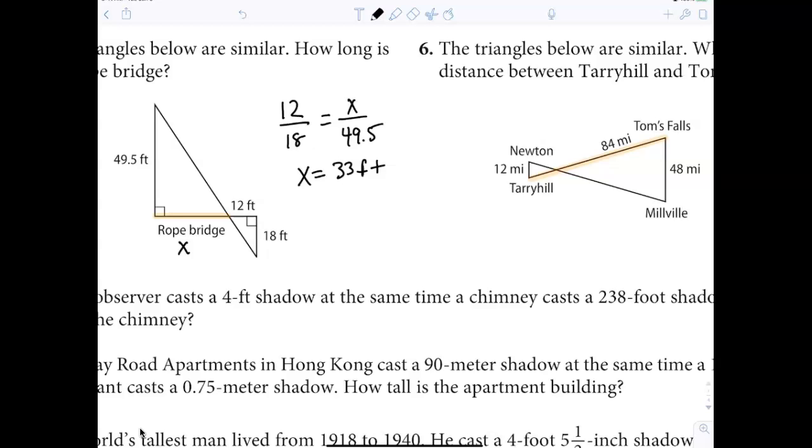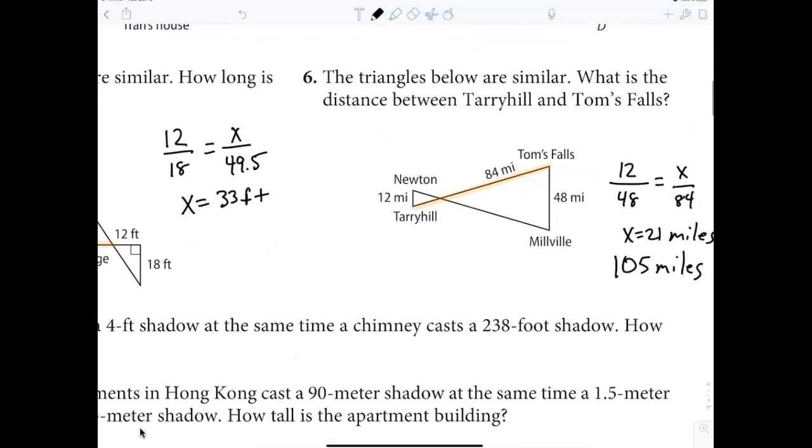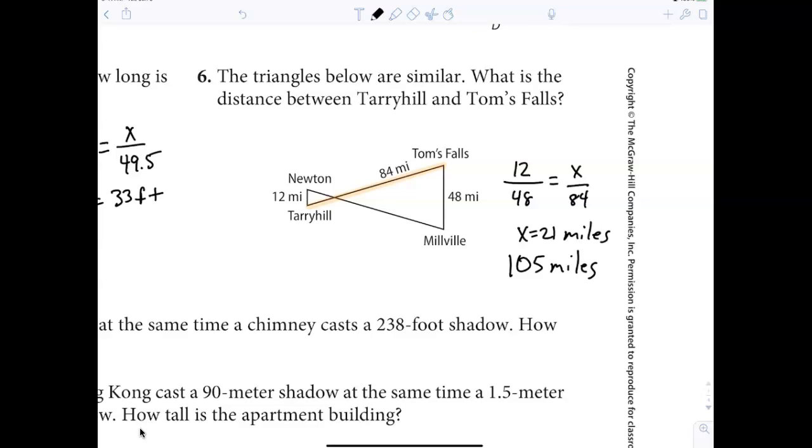How did you set it up? It can be different. I didn't set it up. Yeah, okay, so that's good. I'm glad you can admit that.